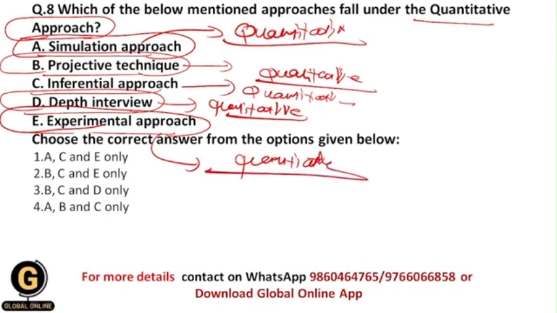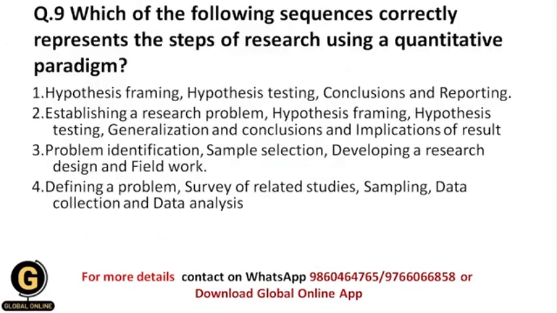And that's why the correct answer to this question is one, that is ACE only, because I have told you that simulation approach is quantitative, inferential approach is quantitative, and experimental approach is quantitative. In this question exactly the quantitative approach has been asked to you, not qualitative. Projective techniques and depth interviews are both qualitative approaches, and that's why the correct answer over here is 1. Okay, which of the following sequences correctly represents the steps of research using a quantitative paradigm?